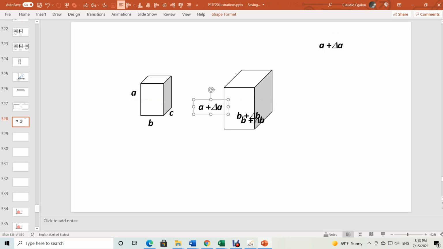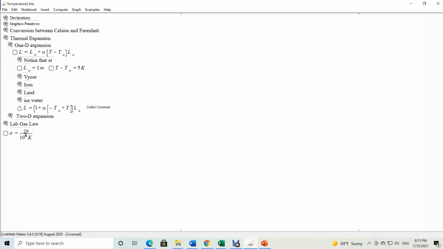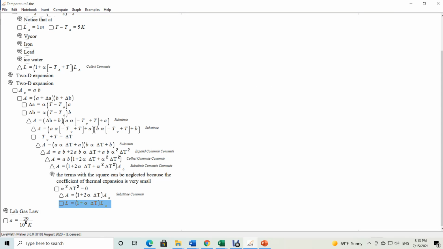We have A plus delta A, B plus delta B, and then we have C plus delta C. And you do the math all over again, like we did before. 3D expansion, here you go.